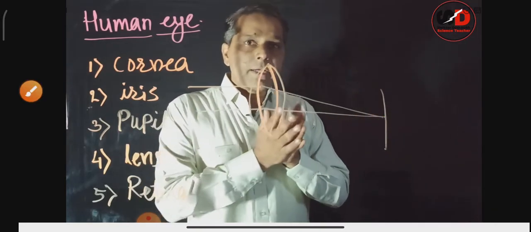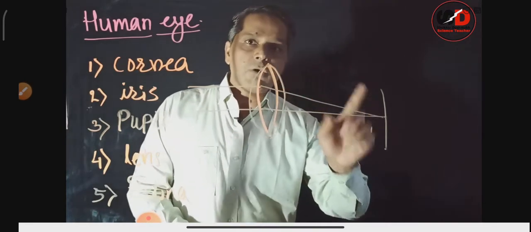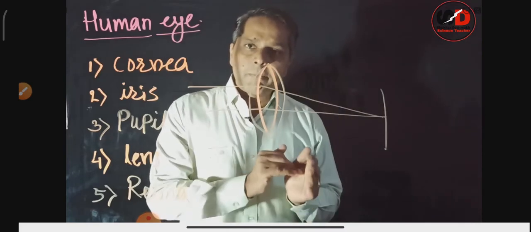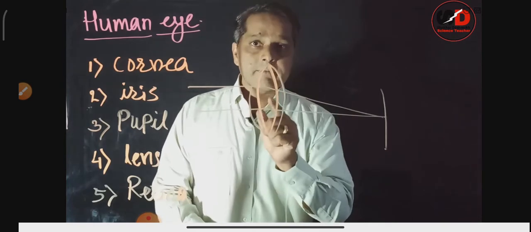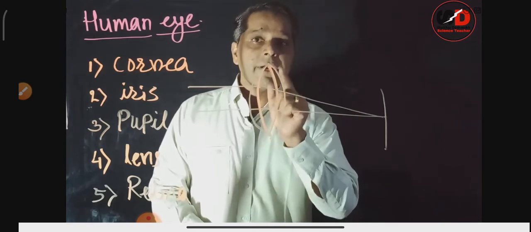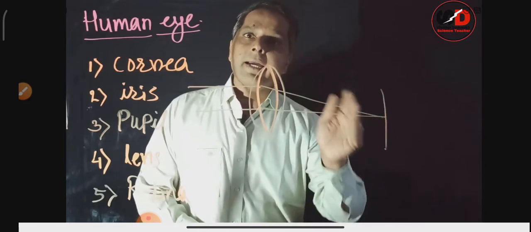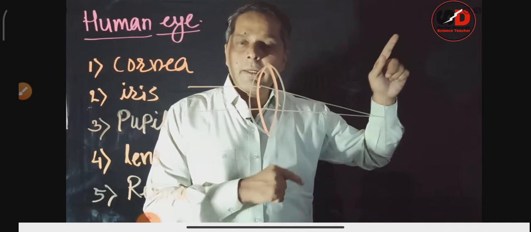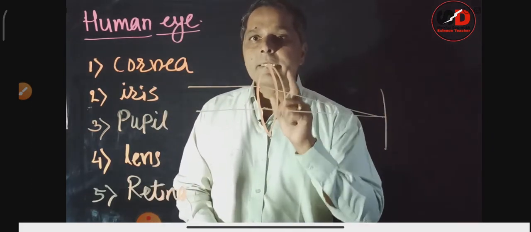We know the image which is formed by a convex lens is always inverted, upside down, but we can see the object as it is through our eyes. Though the image formed here on the retina is inverted, the brain makes it as the object is.